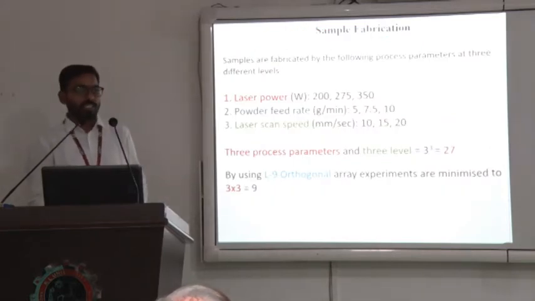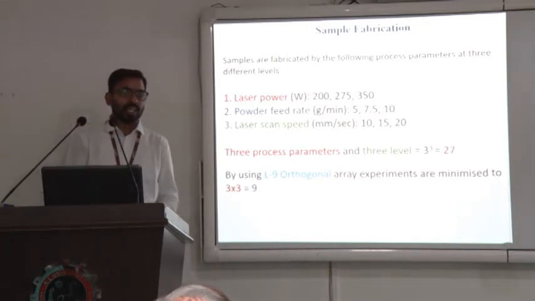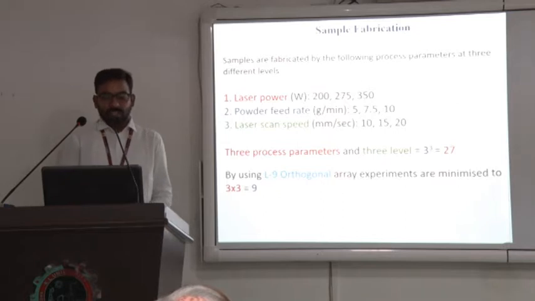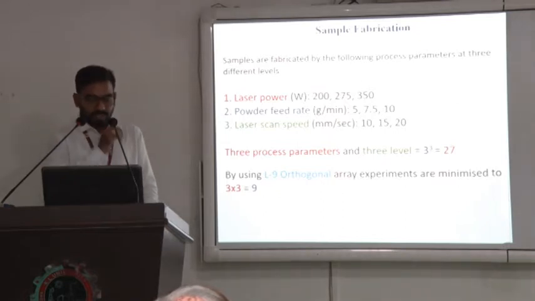Sample fabrication. I selected 3 process parameters which influence the mechanical properties of the material most: laser power, powder feed rate, and scan speed. I selected the laser power range of 200 to 350, and similarly for powder feed rate and scan speed.